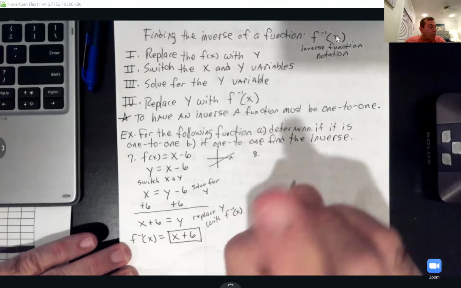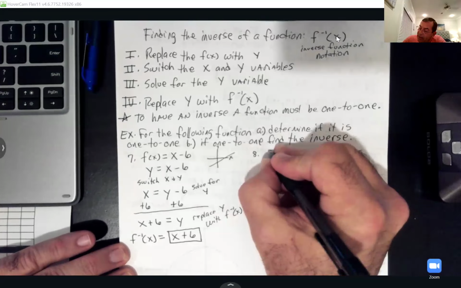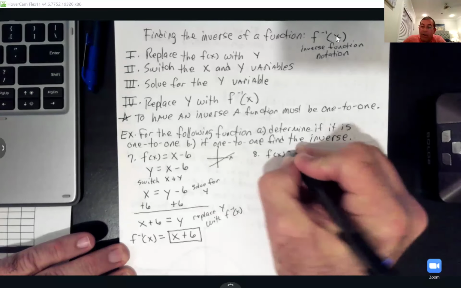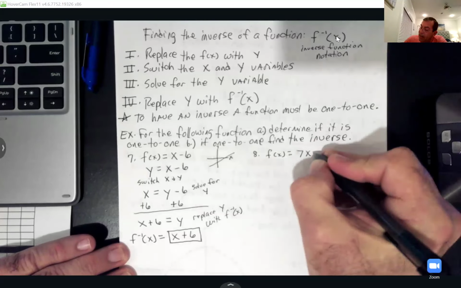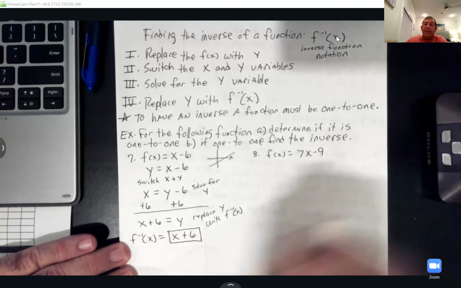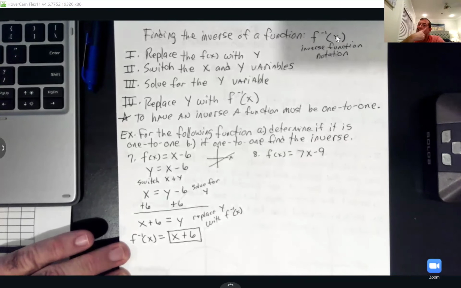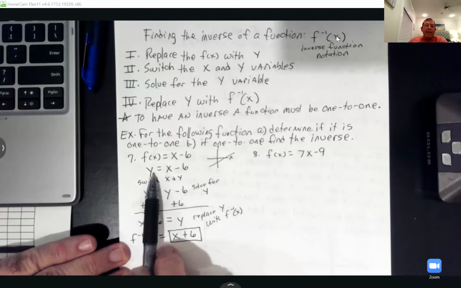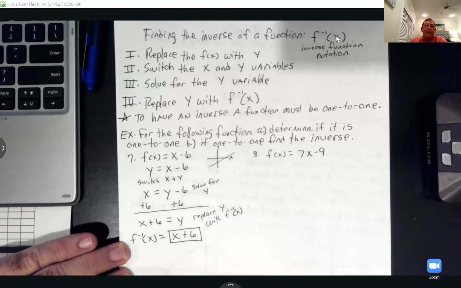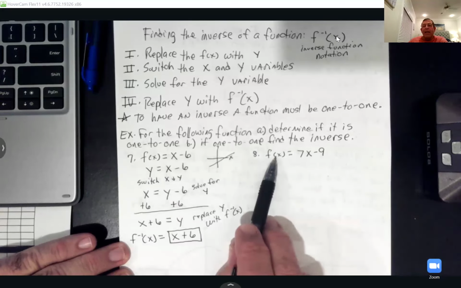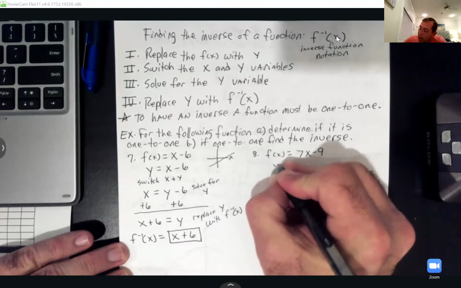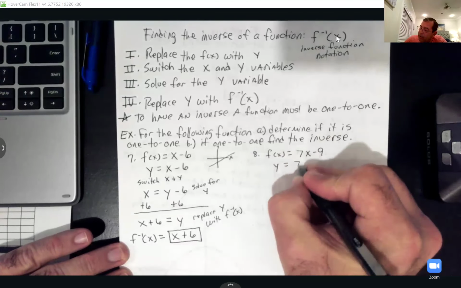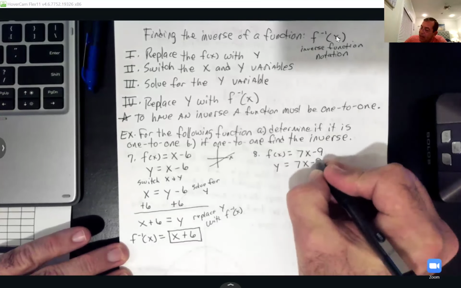So let's do another one with a line. This one says f of x, y'all, is going to equal 7x minus 9. I'm going to do everything I did to this side. I'm going to replace that f of x and make that a y equals 7x minus 9.